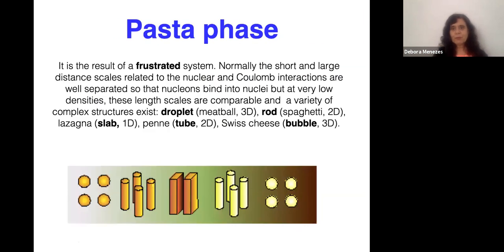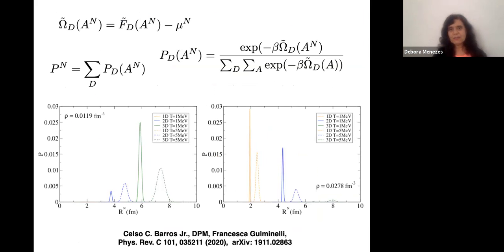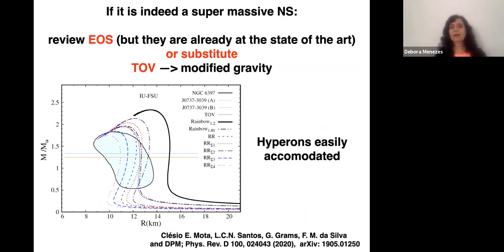But if we use modified gravity, then we can obtain a different behavior overall. We can have a 1.4 star, which is called the canonical star, with a radius which is smaller than the maximum mass star radius. So maybe this is something we can also use.